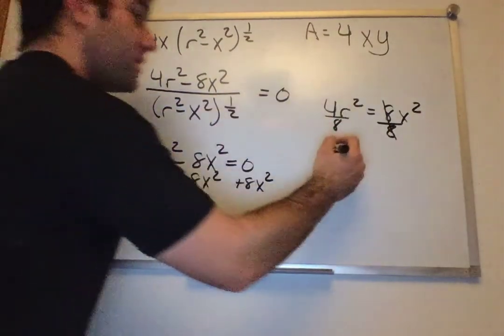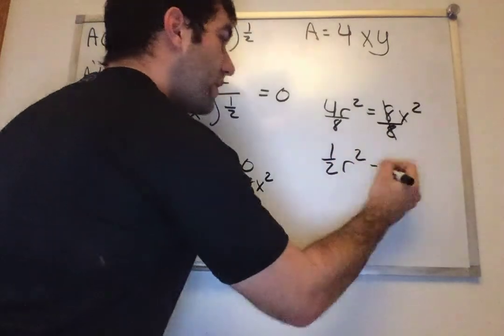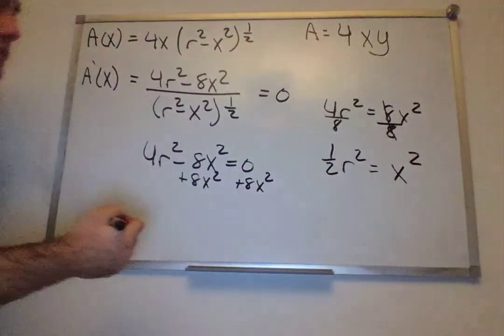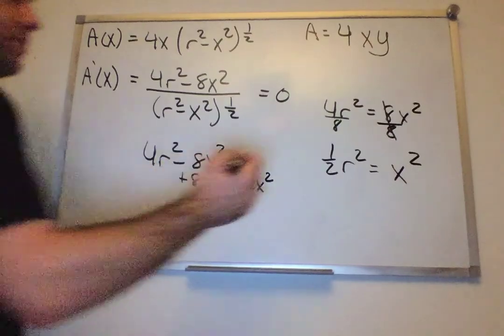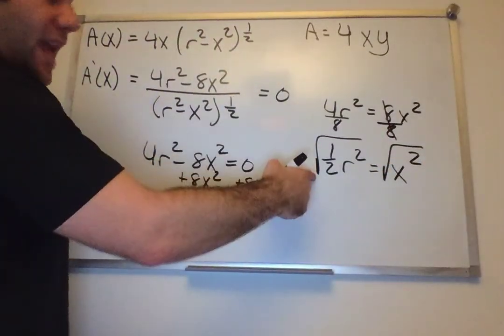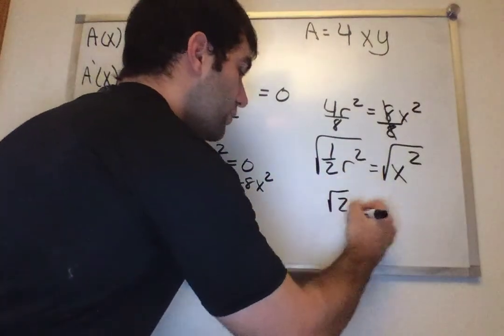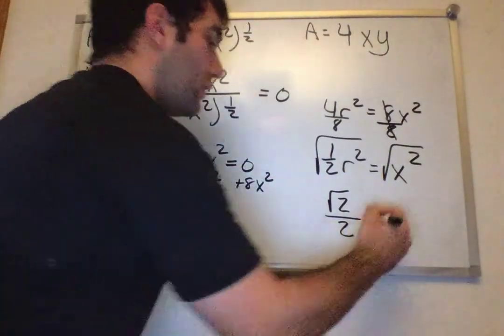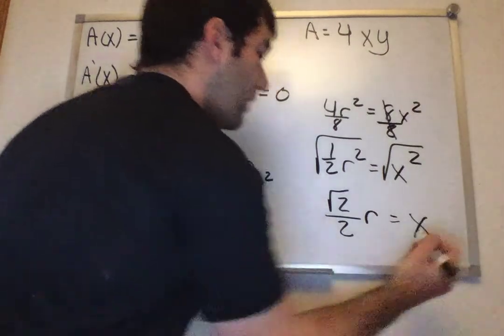And now that's 1/2 r squared is equal to x squared. And then it's just a square root. So square root this side, square root this side. Now square root of 1/2 is root 2 over 2. Times r is equal to x.